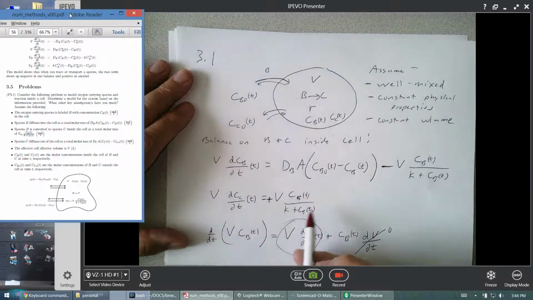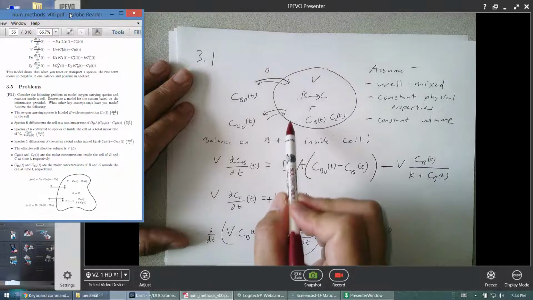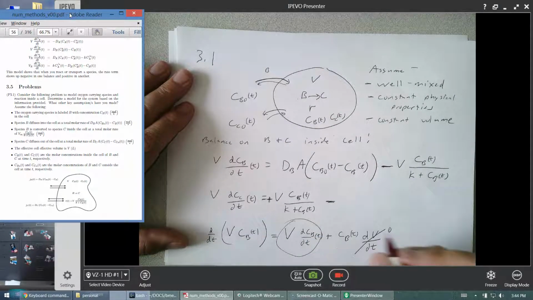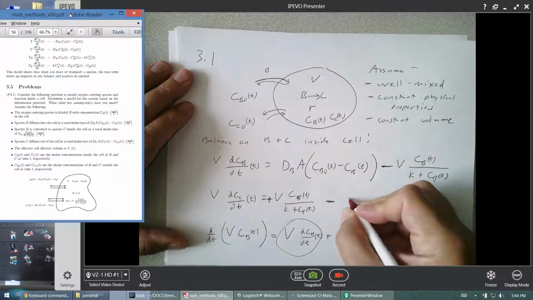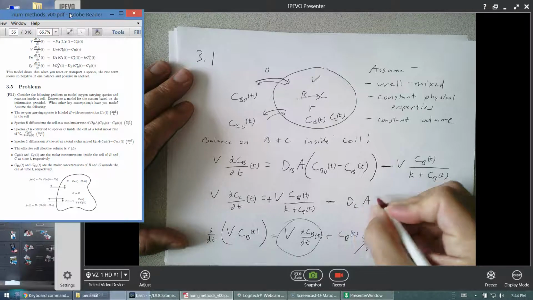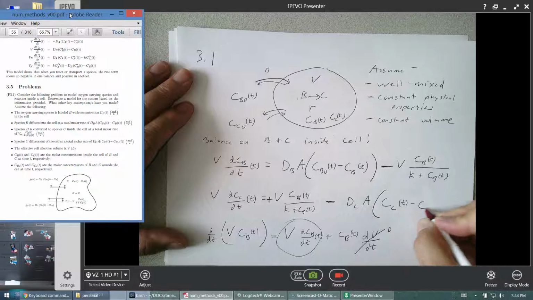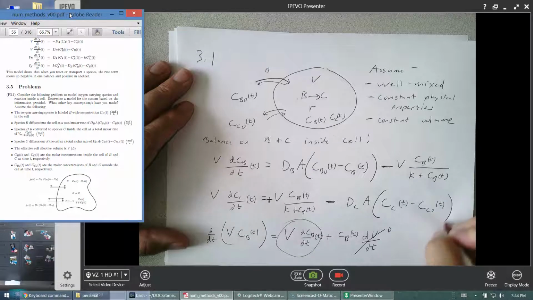We're producing C, so the same rate produces 1 mole of C, so it's a positive value. But C then leaves the volume, so let's write a negative sign with a diffusion rate for C, which was D sub C A times C sub C of t minus C sub C naught of t, I believe.